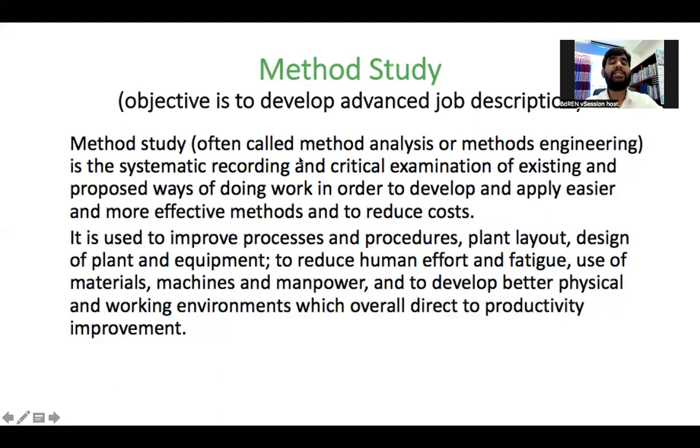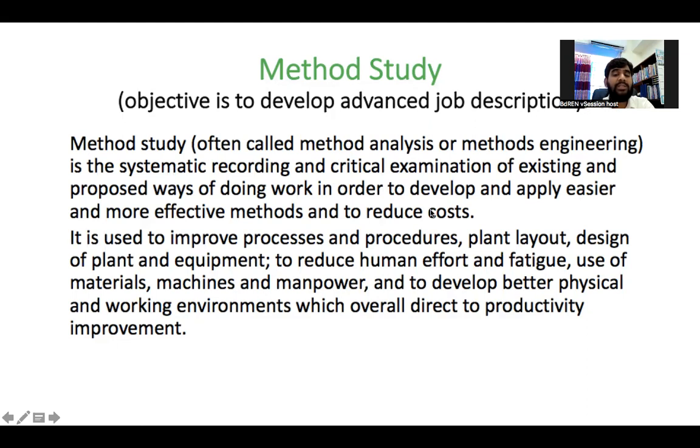Method study, often called method analysis or method engineering, is the systematic recording and critical examination of existing and proposed ways of doing work. You will measure the existing way and also apply the proposed way of doing the job, in order to develop and apply easier and more effective methods and to reduce costs.